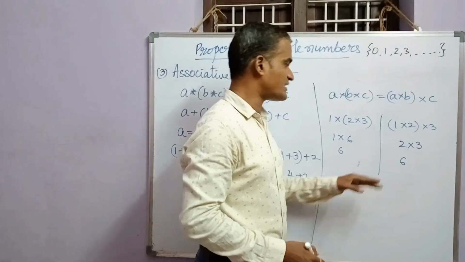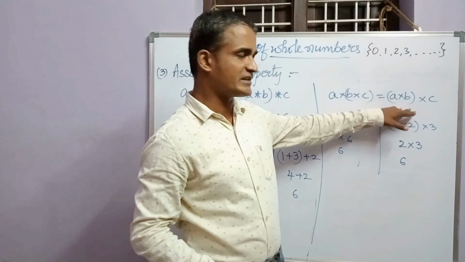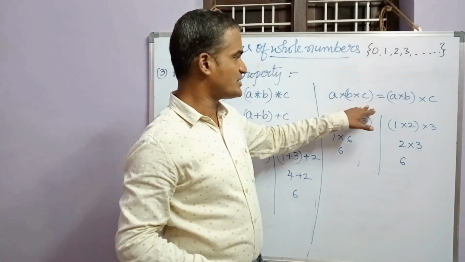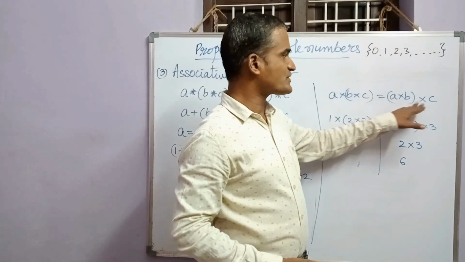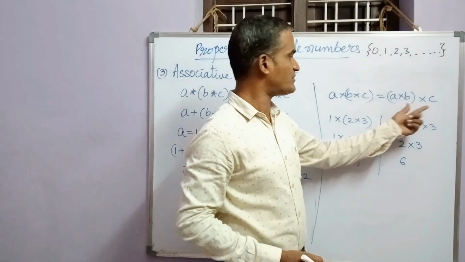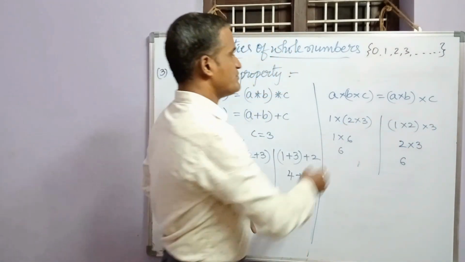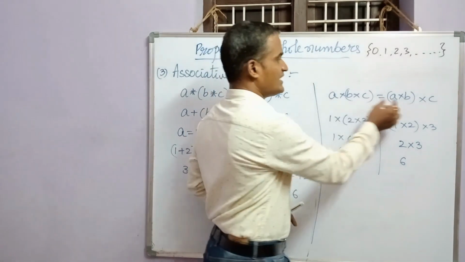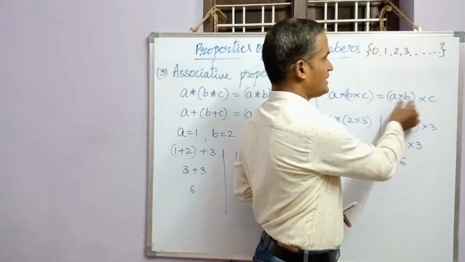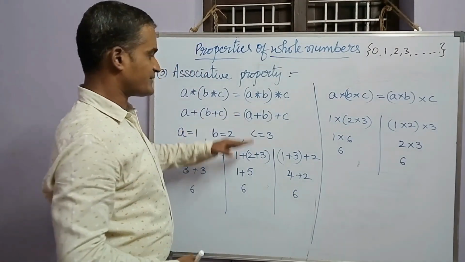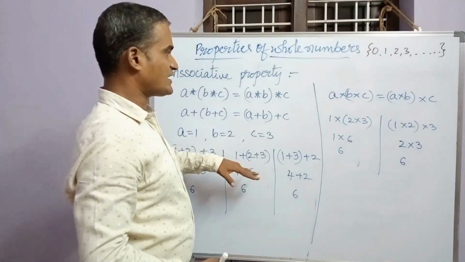For that, the representation we use is a into (b into c) equals (a into b) into c. Here b and c are multiplied first and later multiplied with a; on the other side, a and b are multiplied first and later multiplied with c. This is the way we do the multiplications.